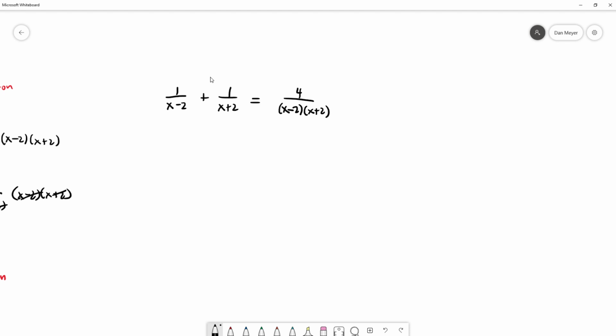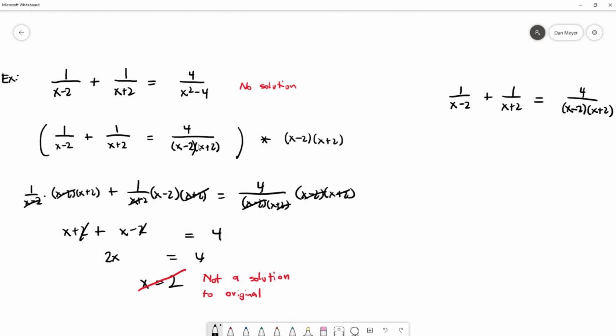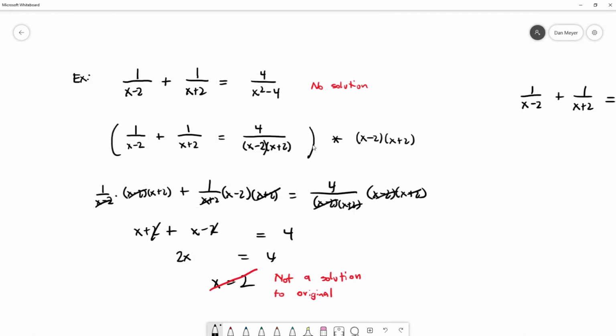I want to avoid multiplying on both sides by something that might be 0. I guess that's where we ran into trouble here. Remember, one of the things that you can do to preserve the equivalence of equations is to multiply by non-zero numbers or non-zero expressions, and x minus 2 times x plus 2 can be 0.